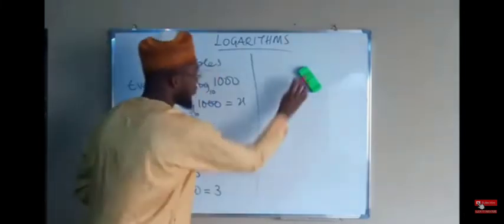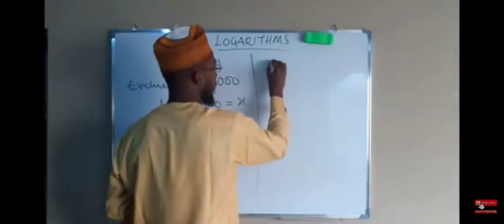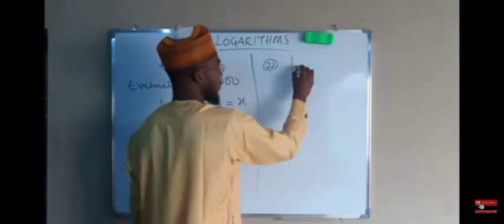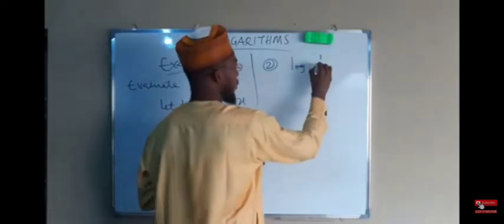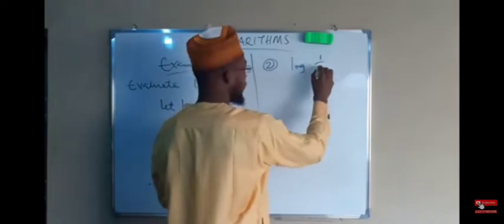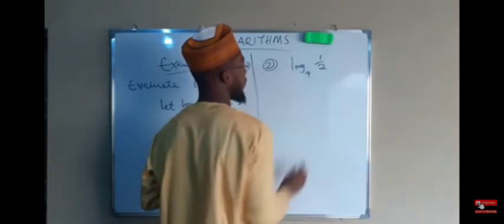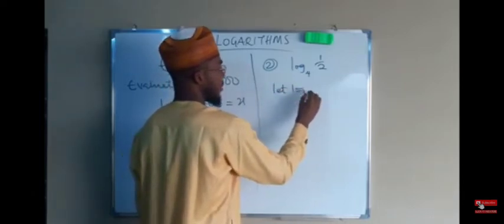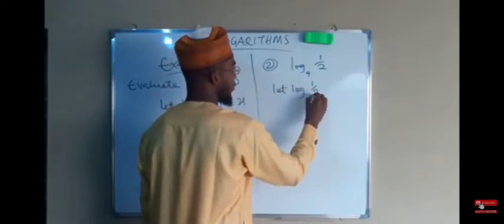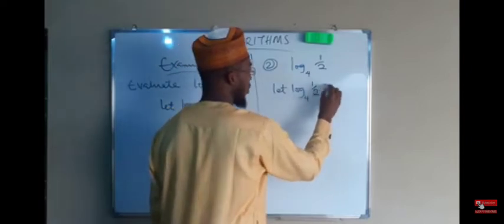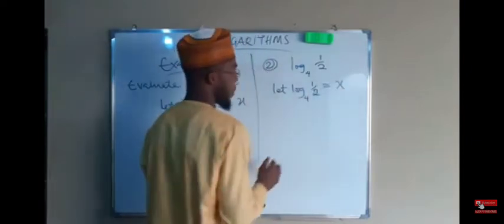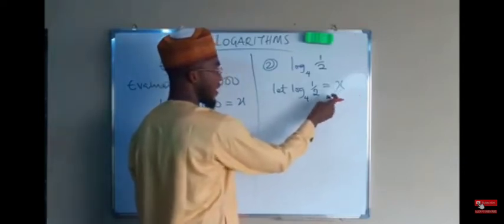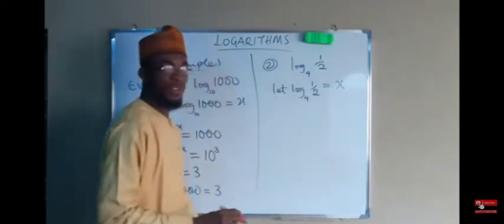Another example, example 2. If you have log 1 over 2 base 4, let log 1 over 2 base 4 equal x. We take this 4, we raise it to the power of x, and it will give us 1 over 2.